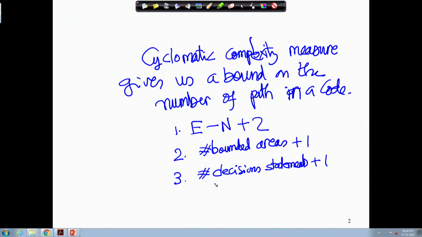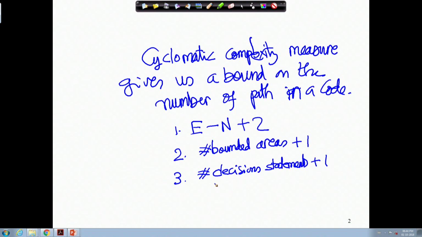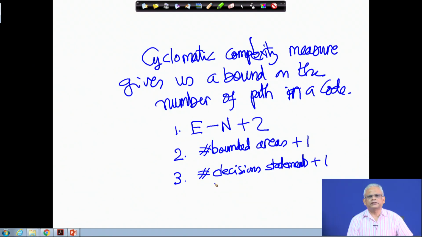You can count them and add 1 to that, and that gives us the number of paths, and then we know at least how many test cases are needed to achieve path coverage on this, and that indicates the testing difficulty or the testability of the code, and it also indicates how easy it is to understand the code. If there are too many paths, it becomes difficult to understand the code.